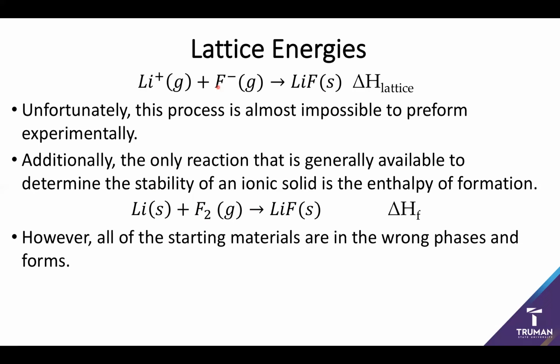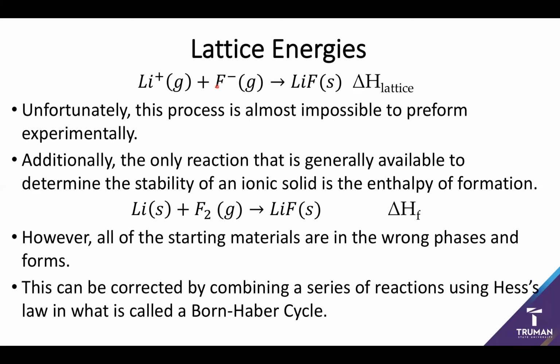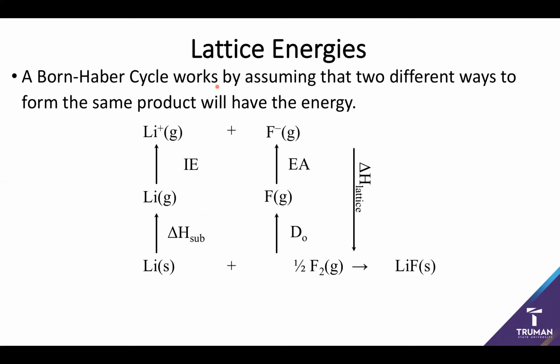So what we can do is make use of Hess's law, in a specific form called a Born-Haber cycle. In a Born-Haber cycle, you combine a whole bunch of elementary reactions into a cyclic pattern where you end up generating the right product. The major idea is that we have two different ways to generate the same thing.